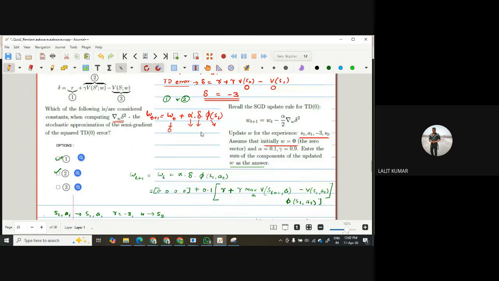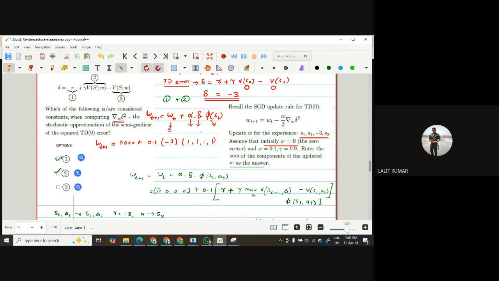So W(t+1), that is W2, is equal to 0, 0, 0, 0, plus alpha, which is 0.1, into the TD error, which was minus 3, into 1, 1, 1, 1.